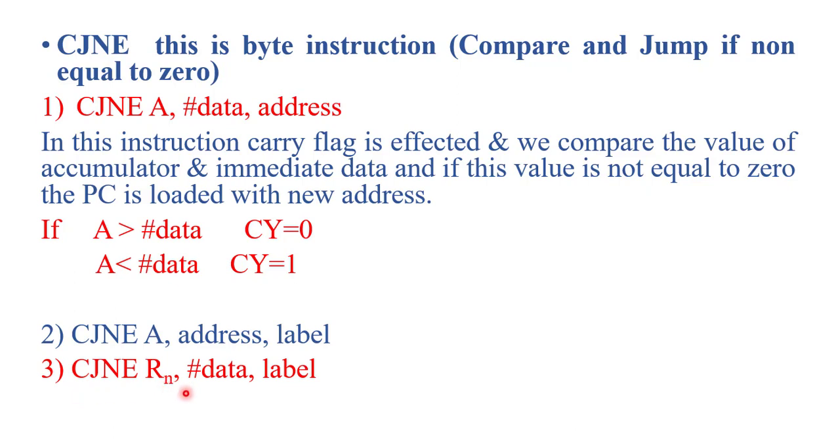So this instruction tells that compare and jump if not equal. Here we compare the content of the RN register and this immediate data. If these two values are not equal, then the program counter is loaded with the new address. This instruction also affects the carry flag bit of the PSW flag register.